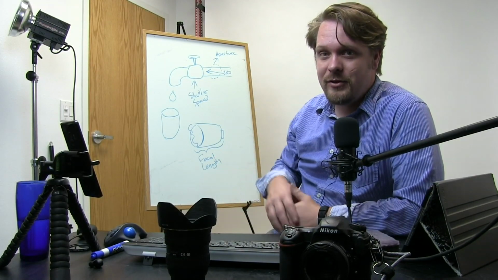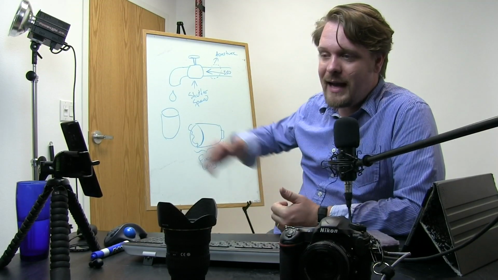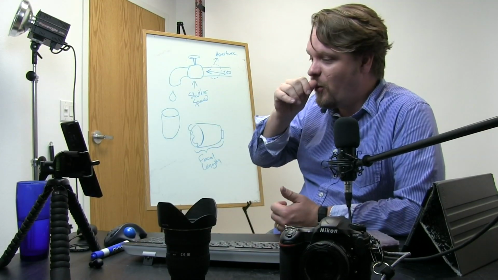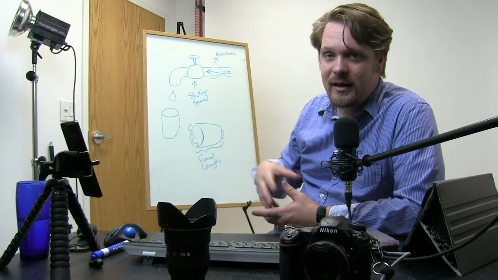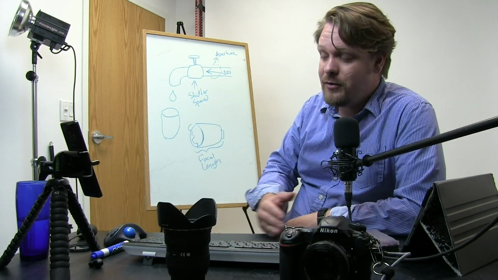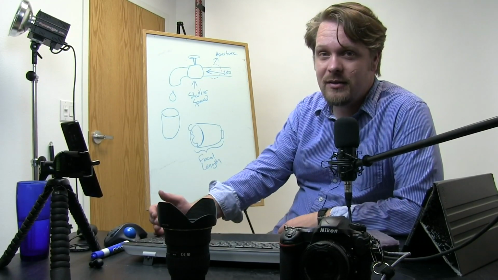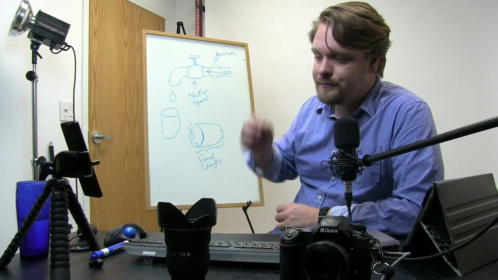You may not be able to achieve that, and that's sad. Even if you max out your shutter speed on your camera, you may have to close that aperture down because you've got your ISO as low as it'll go, you've got your shutter speed as fast as it'll go, and you're still overexposing images. You got to close down that aperture.